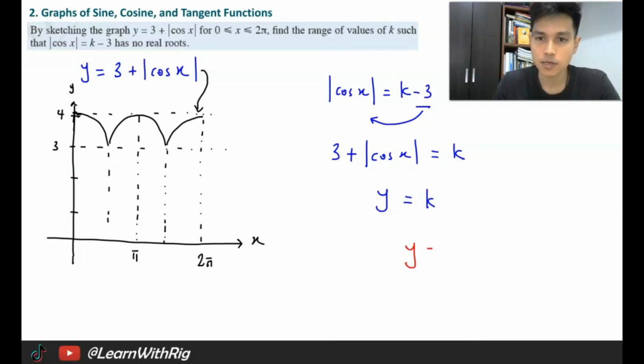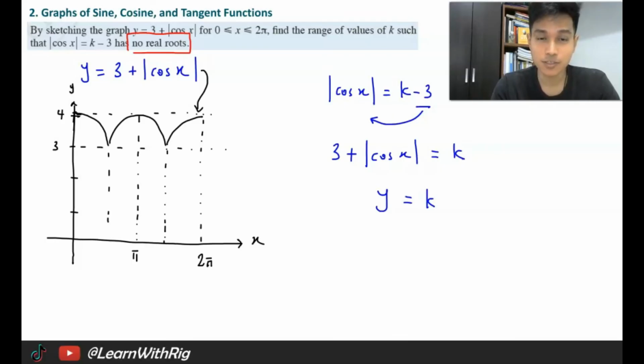If I tell you y equals 1, the line is here, because here is 1. It's a flat line. Now they say y equals k, so you know it's going to be a flat line. And they say it has no real roots. This one you learn in form 4.